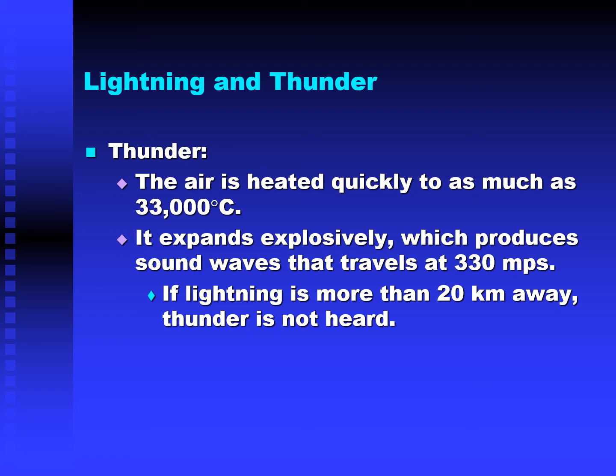So that air is going to expand explosively, and that is what produces the sound waves that we hear as thunder. Now, if the lightning is more than 20 kilometers away, you will not hear the thunder.